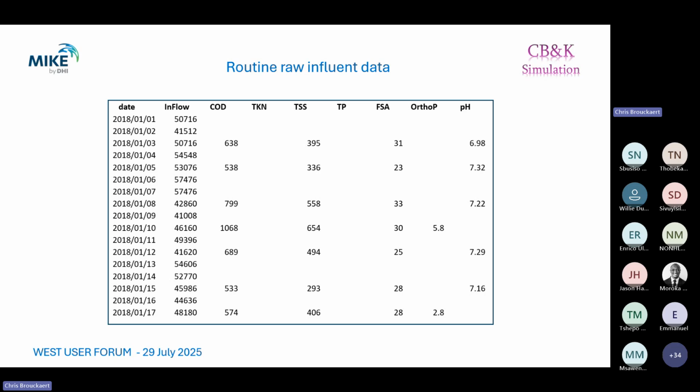And what you see is that, yes, they measure the flow every day, but the COD only every 2 or 3 days. TSS the same, FSA the same, ortho P even less frequently, and TK and total phosphorus, they'd stopped measuring for some unknown reason, so no data at all. So the first problem is those gaps.